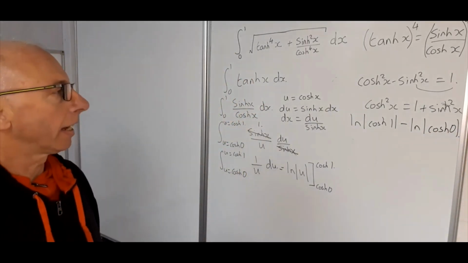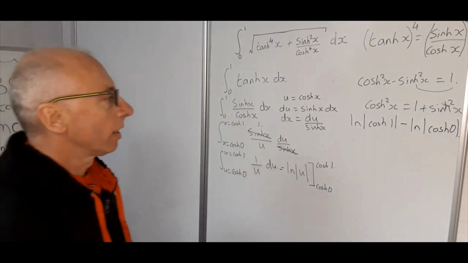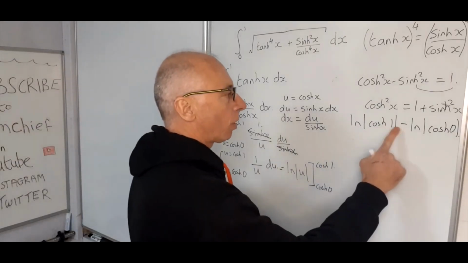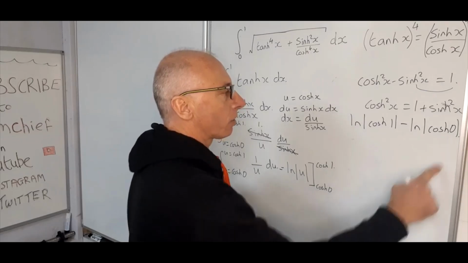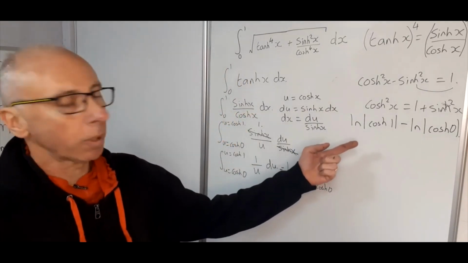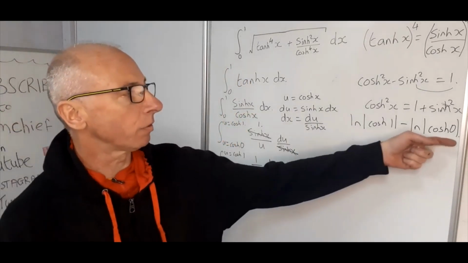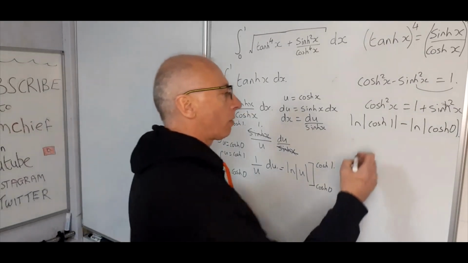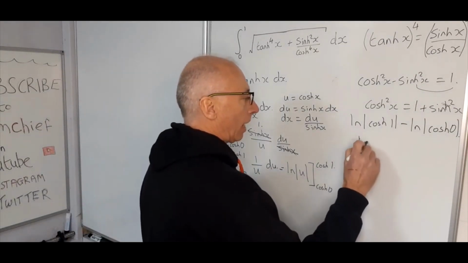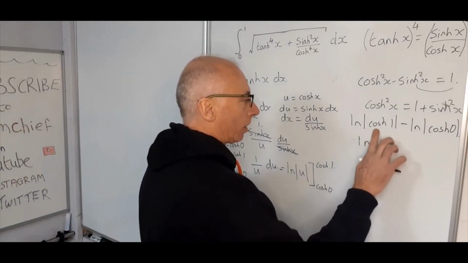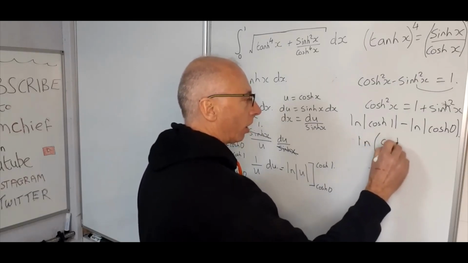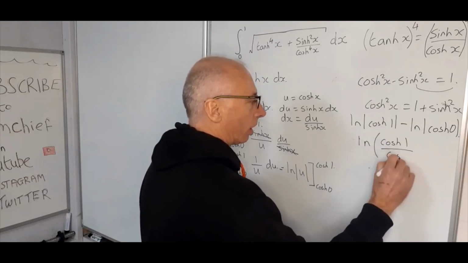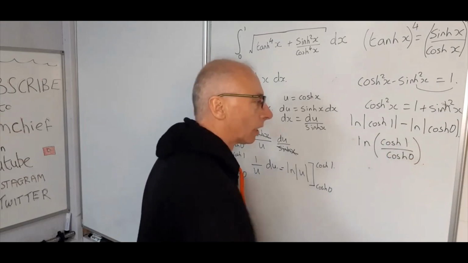Okay, now what can we do here? So we've got ln cosh of 1 minus ln cosh of 0, and as for absolute values, we know cosh is always positive, so we don't need these absolute values in here. So now what we've got is basically ln of cosh of 1 over cosh of 0.